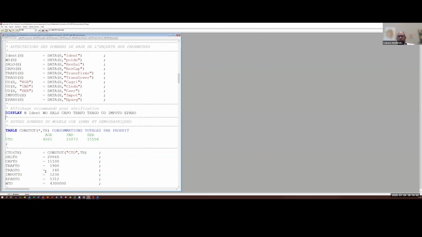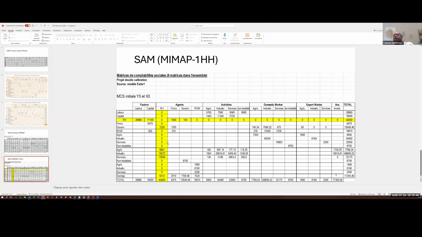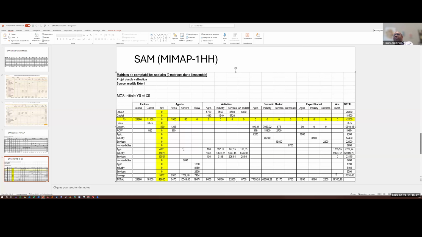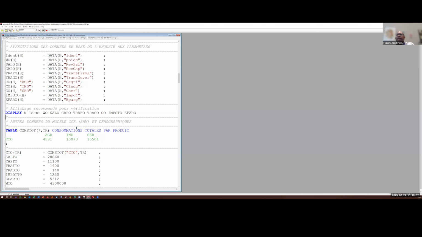Now, let's continue. Are you with me, please? Okay. If you are here, we can show exactly the data we have on the sum. Look, this is the value of the salaries here. This is the value of capital. This is firm value, government transfers, and so on. Now, here is the consumption. This is the salary. This is the capital.